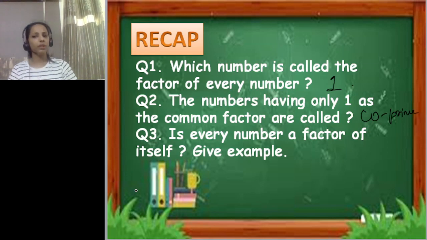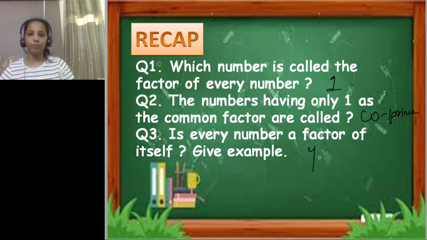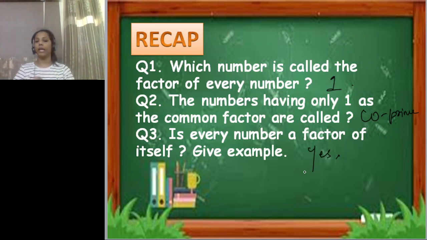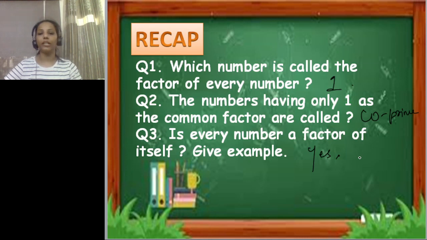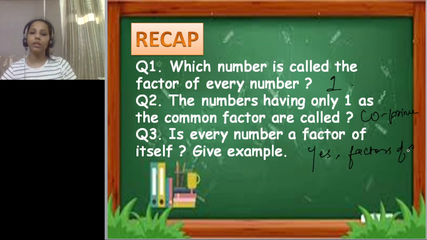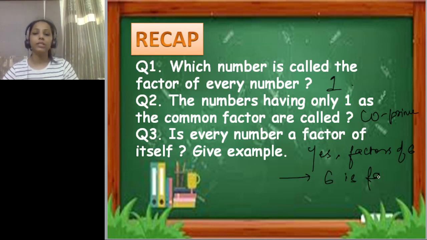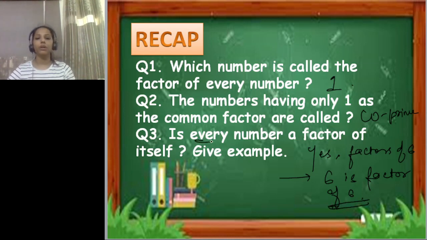Is every number a factor of itself? Yes. Can you give an example? Yes, of course. If we find the factors of 6, then 6 is also a factor of 6, right? So every number is a factor of itself.